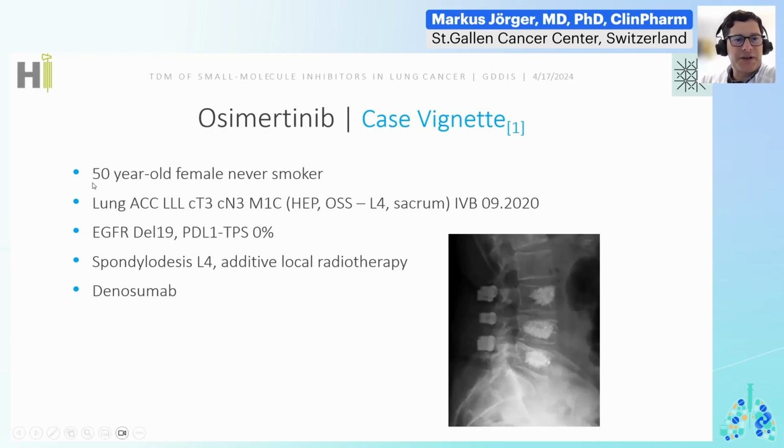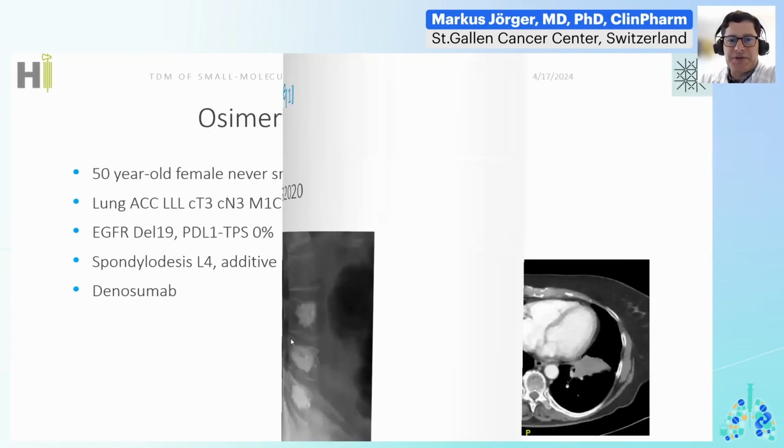This is actually a female never smoker patient from the Netherlands, which lives here, presented with EGFR deleted lung cancer. She had to have initial surgery for her spine with denosumab.